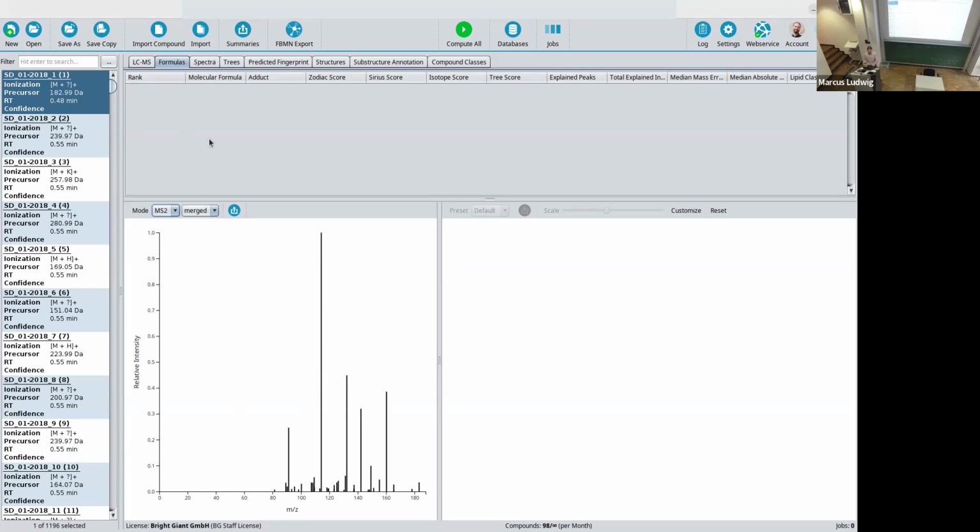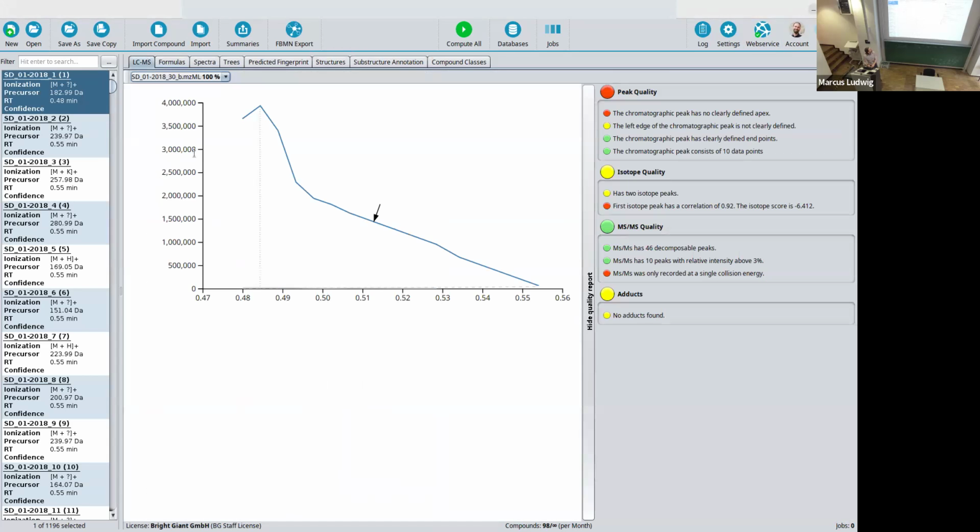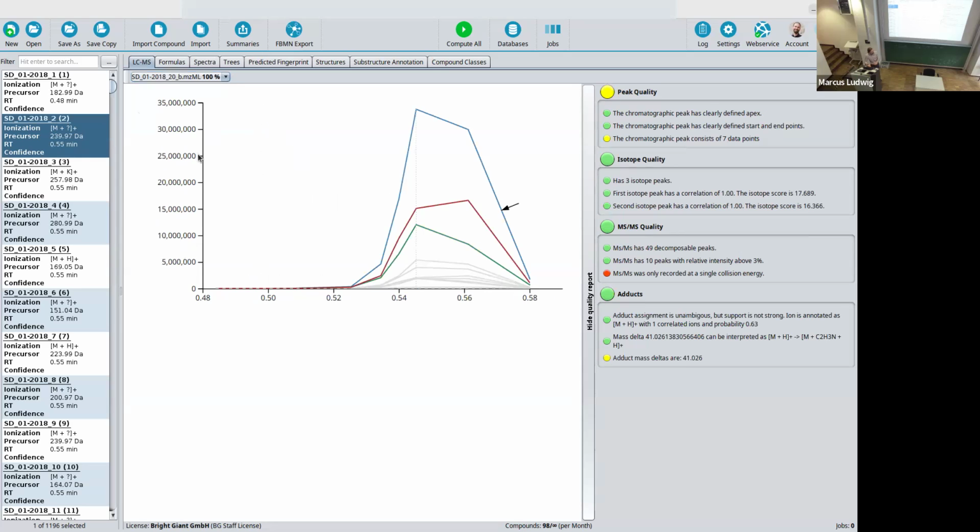And if you import an mzML, we also have this tab here where it gives us some information about the feature in the chromatogram. Maybe a nicer one here, where we provide you with the isotope peaks, some adducts, and some quality stats on whether this is a good compound.